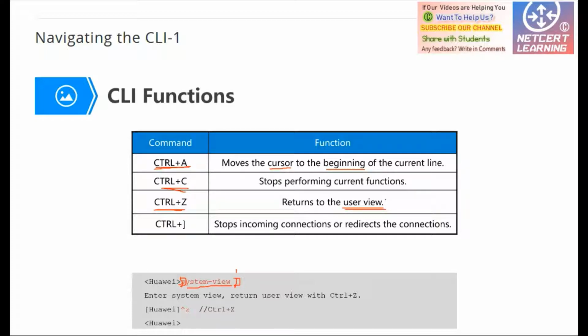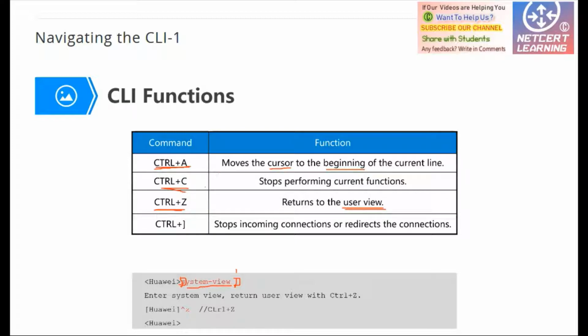In the previous slide, we learned how to enter the system view from the user view, type in the system view, and then from the system view go into the protocol view or the interface view. But if we want to exit to the user view, what can we do?